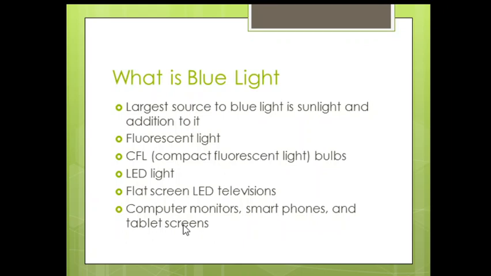In addition, there are fluorescent lights, CFL compact fluorescent light bulbs, LED lights, flat screen LED televisions, computer monitors, smartphones and tablet screens. These are the additional sources from which blue light can arise.